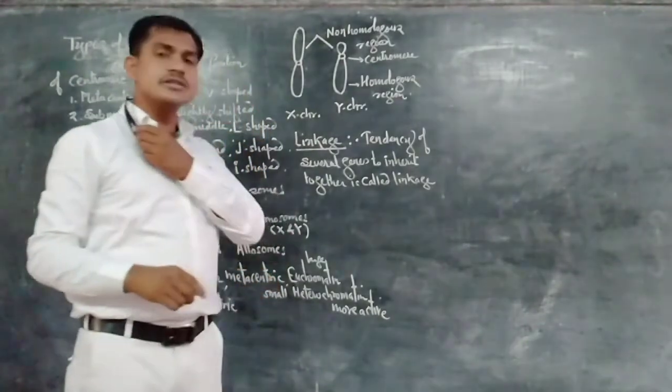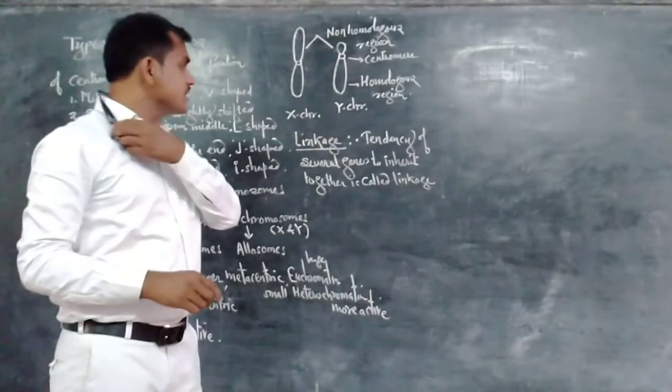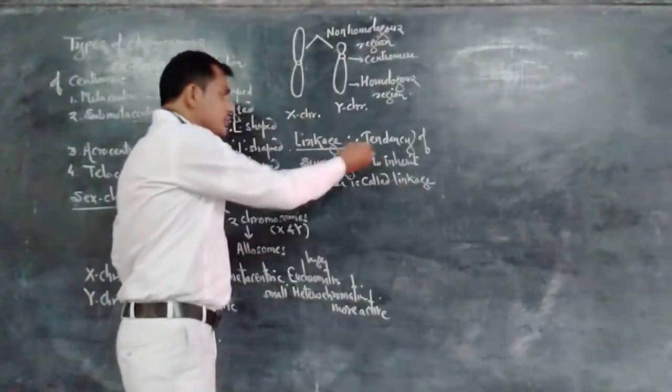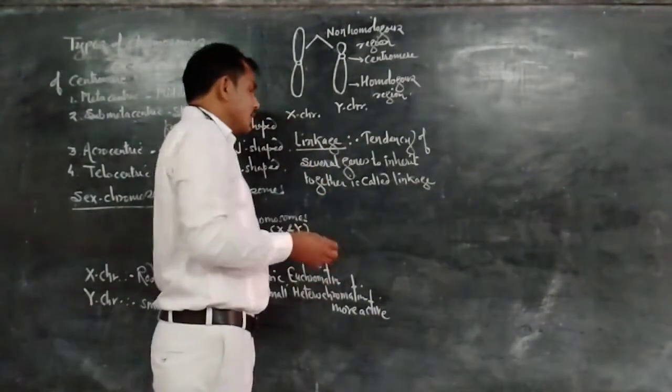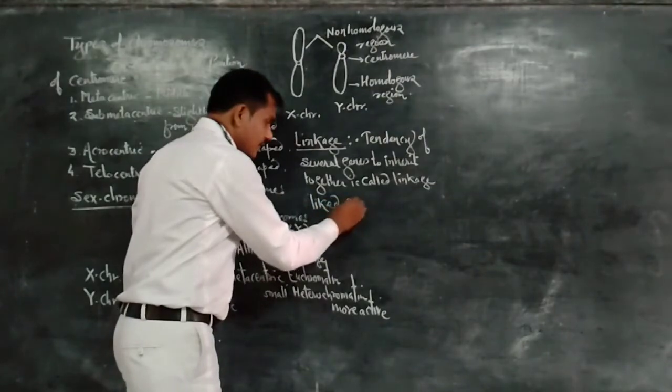The tendency of several genes to inherit together is called linkage, and such genes which have the tendency to inherit together are called linked genes.